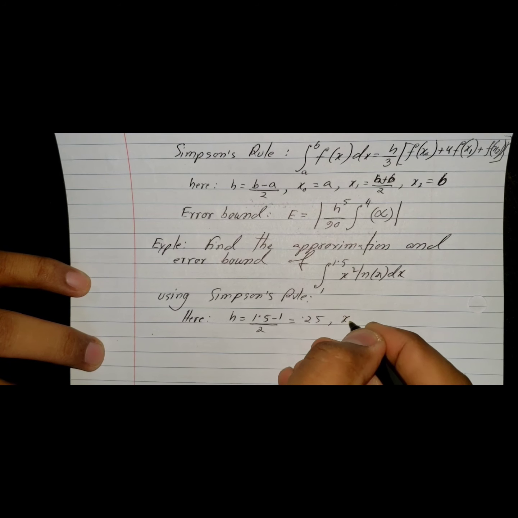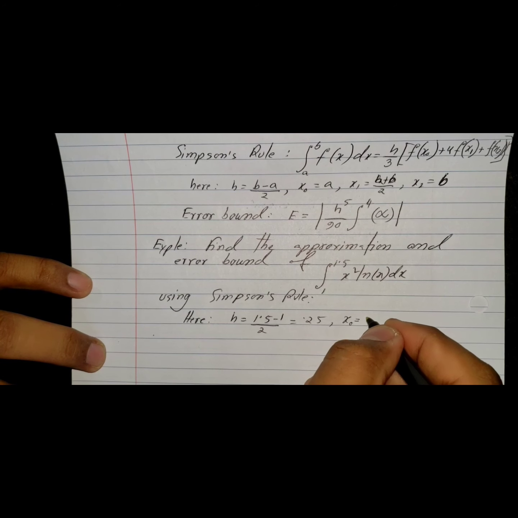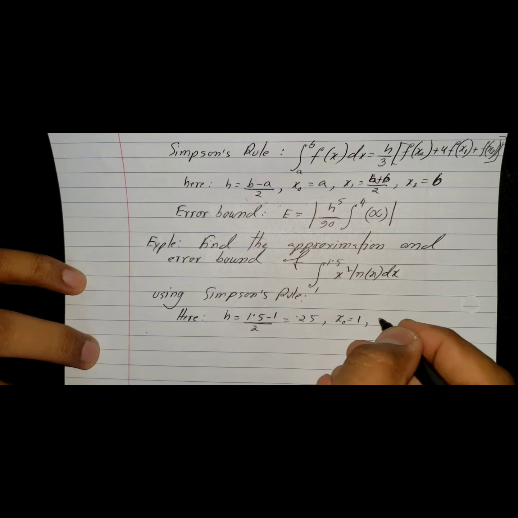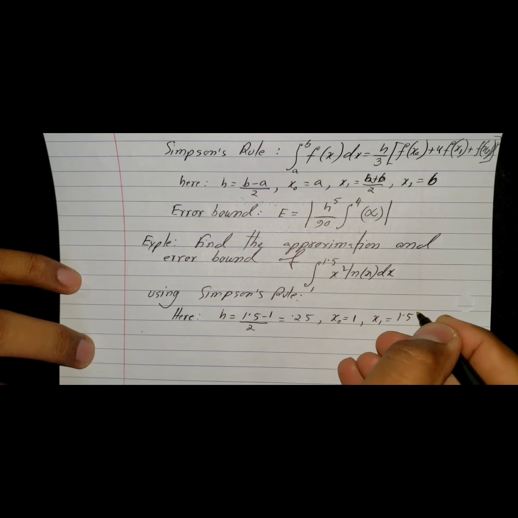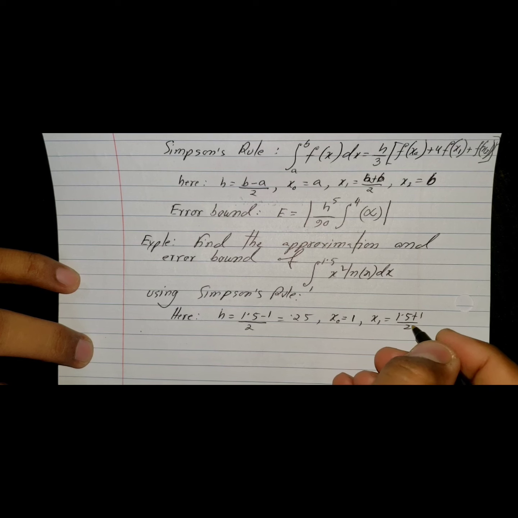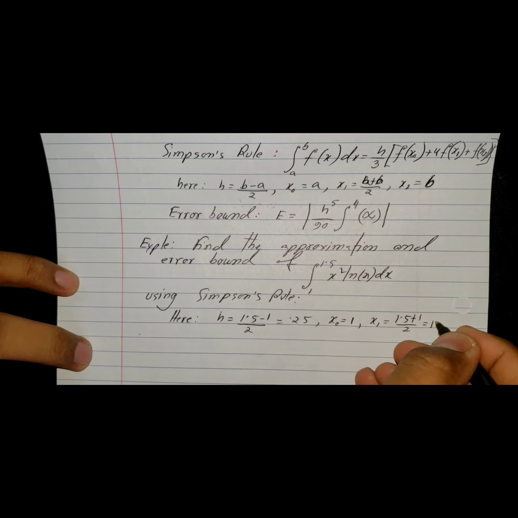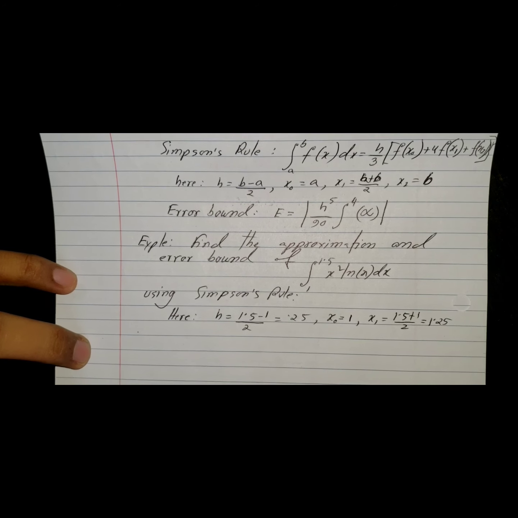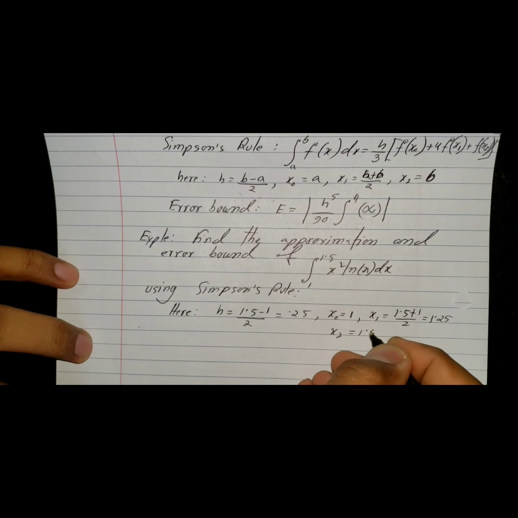Your x0 here is 1. x1 is the average of that, which is (1.5 plus 1) by 2. That gives you 1.25, and x2 is the upper bound, which is 1.5.